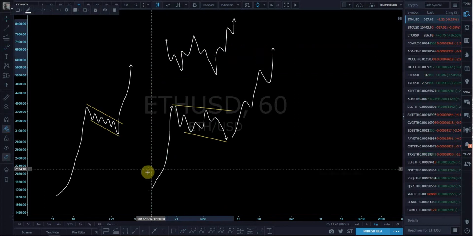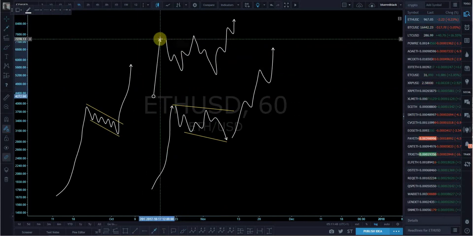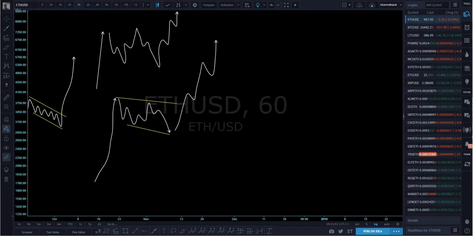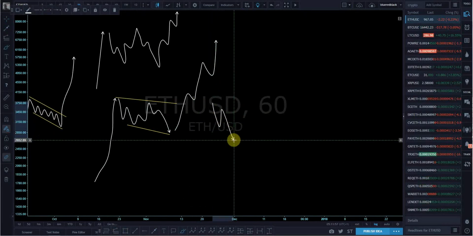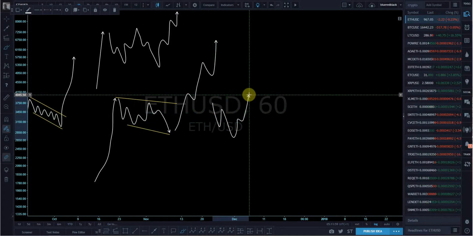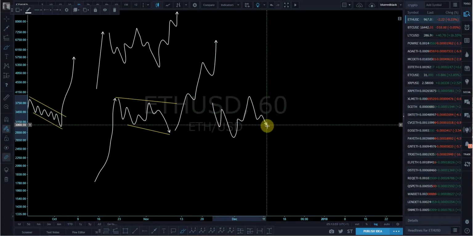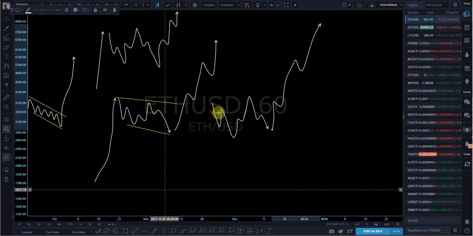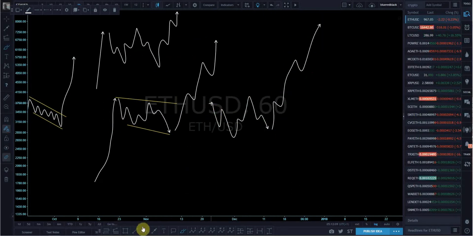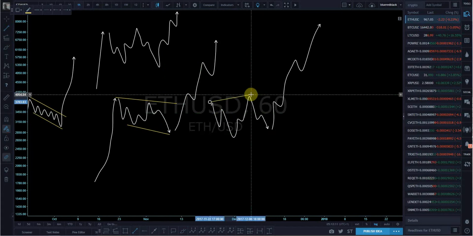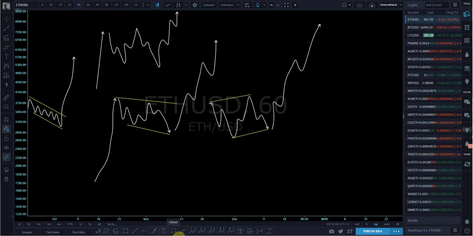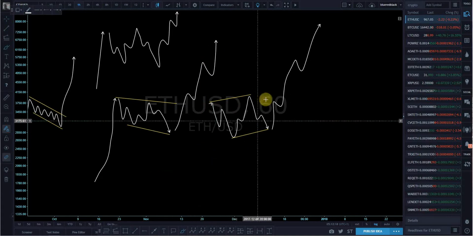Like I said, it always starts with an impulse, a move up. And there's also a running flat, which you have a move like that, a move like that that breaks the top, and then a move that comes down shy of breaking the bottom before it goes back up. And that would be a running flat. And there is one more, and it's not in the Elliott wave book, but it's common.